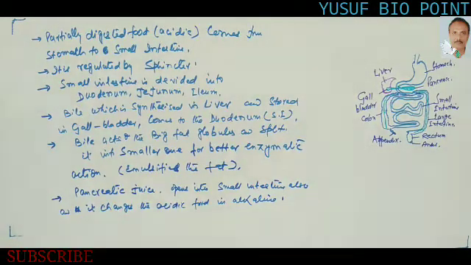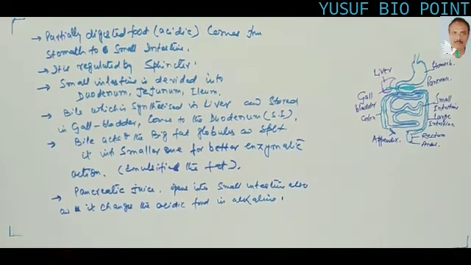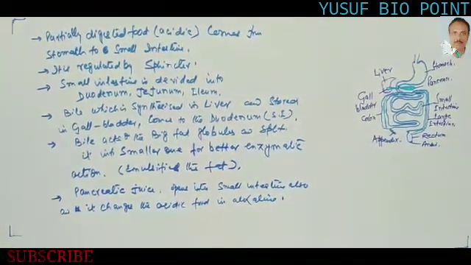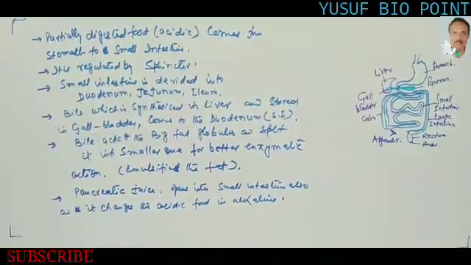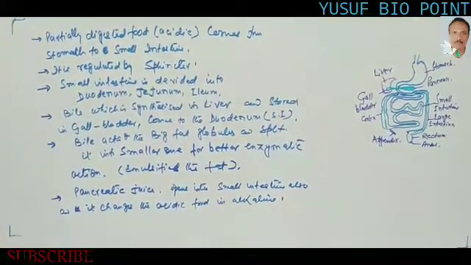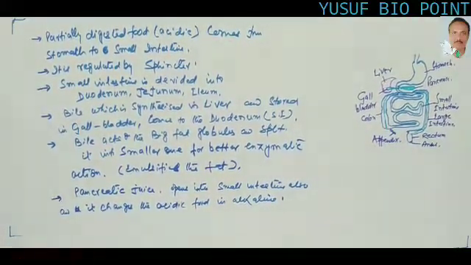For that the pancreatic juice is responsible, which is secreted from the pancreas, and it changes the acidic partially digested food into alkaline. Okay. So the next enzymatic actions will take place on the alkaline food.